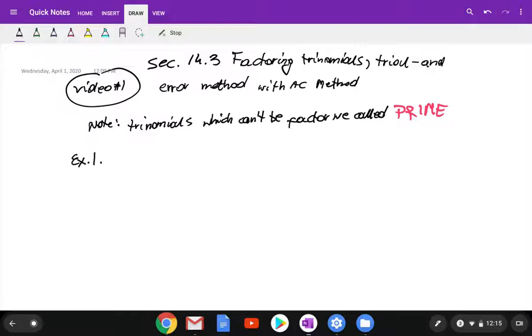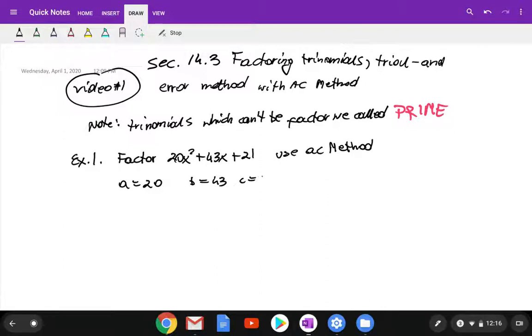So we need to factor 20x squared plus 43x plus 21. So we're going to use AC method. So again, A is equal 20, let's review that, B is equal 43, C is equal 21.